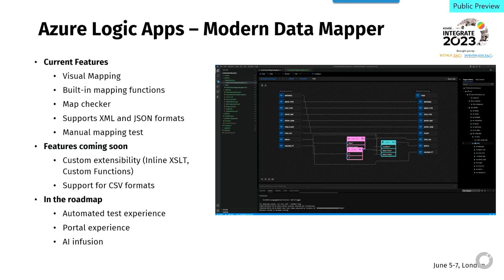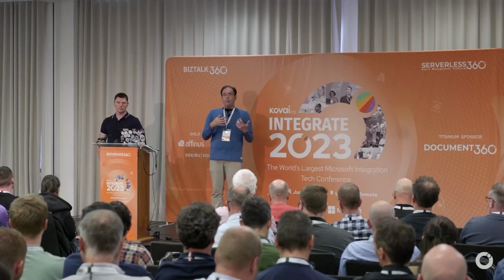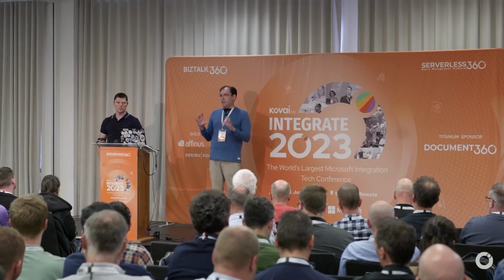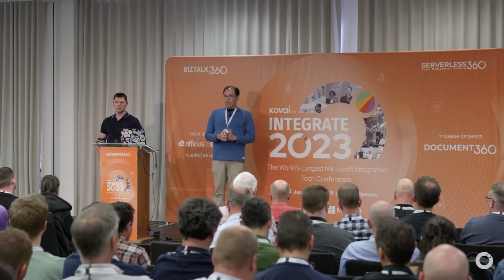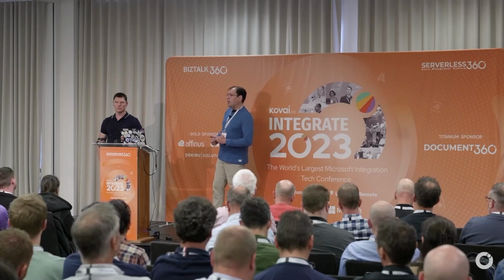Some of the things to take into consideration here: one is the visual mapping, right? We have a whole lot of built-in functions that you can use, like I showed yesterday, sum, multiply, concatenation, right? All of those things that help you to do the translation between the things and reach the message on the other side. We support XML and JSON today, and we allow you to test your map manually, right?